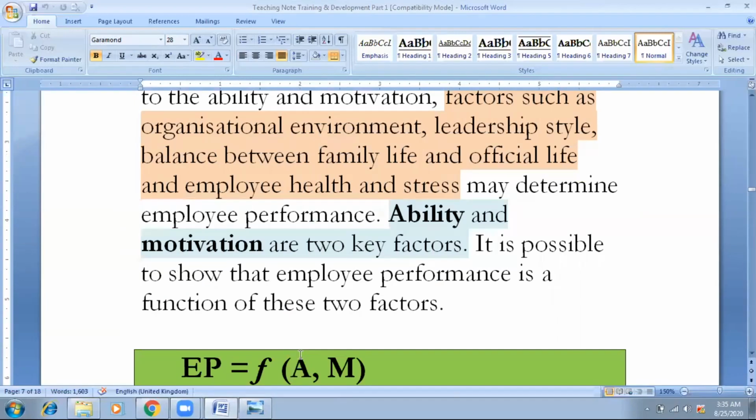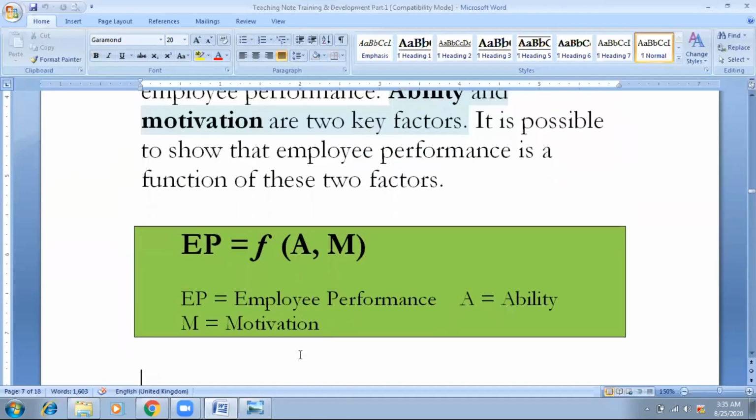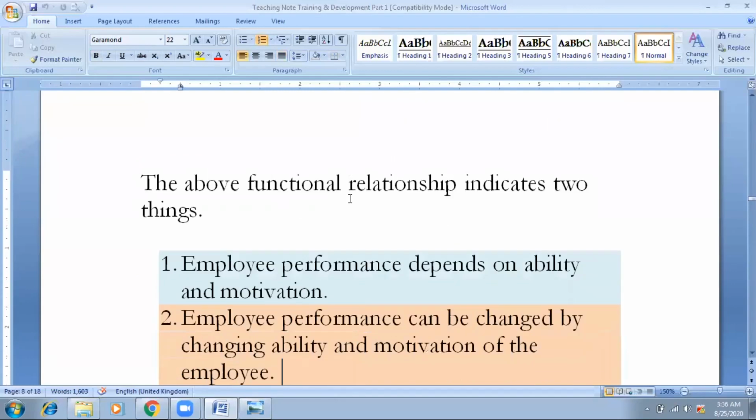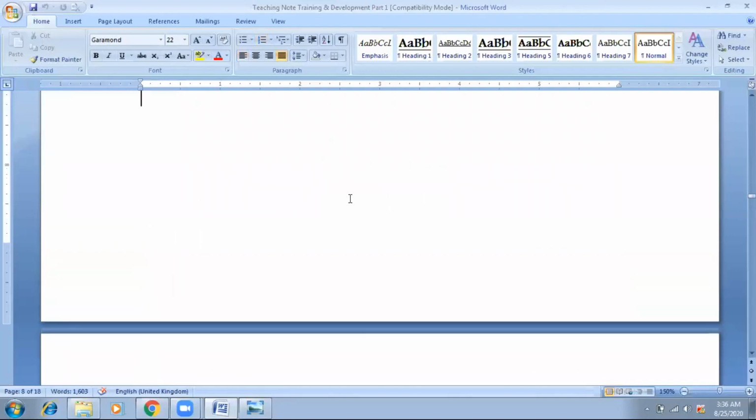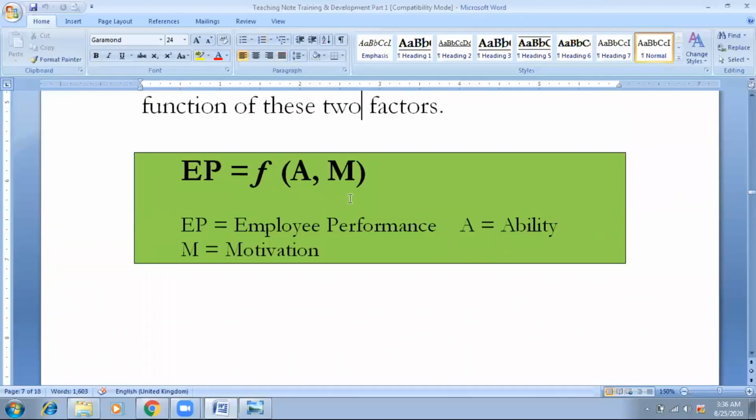So it is possible to show that employee performance is a function of these two factors. Look at this formula. EP stands for employee performance. A stands for ability. M stands for motivation. So employee performance is a function of ability and motivation.